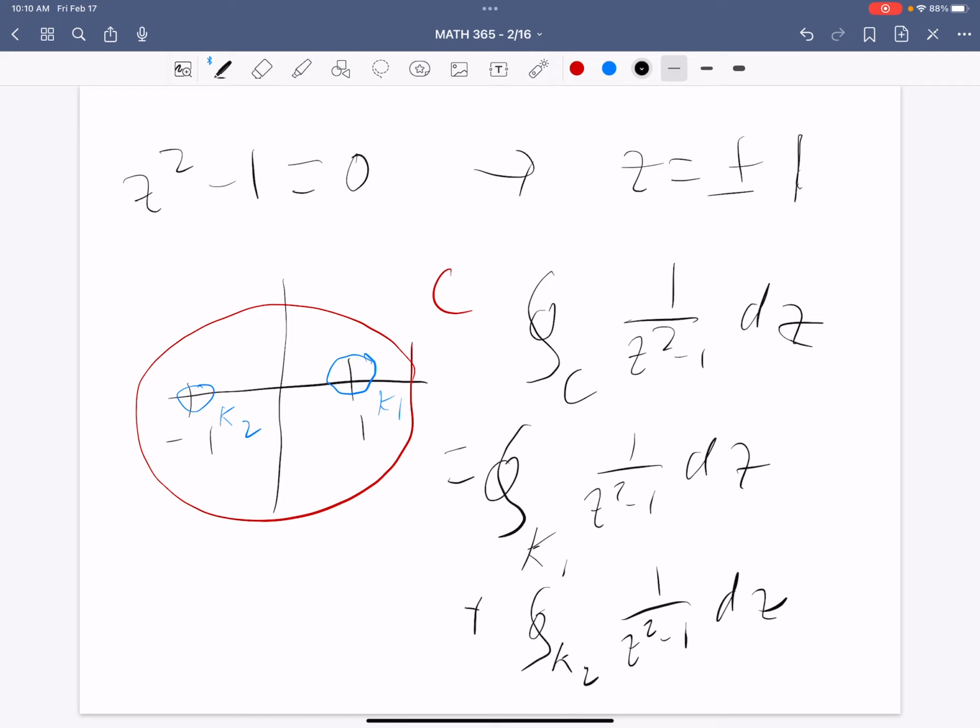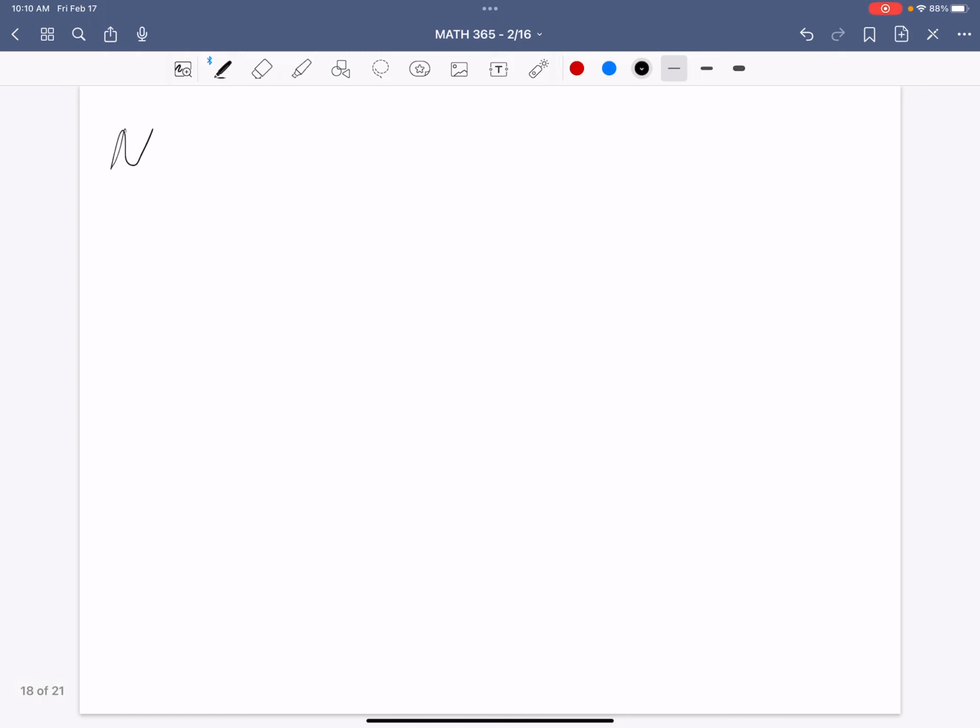Okay, so the way to handle it is to, of course, note that, well, 1 over z squared minus 1, I can partial fractions that now, can't I? In particular, partial fractions out to this.